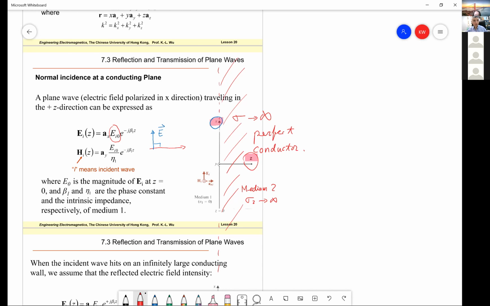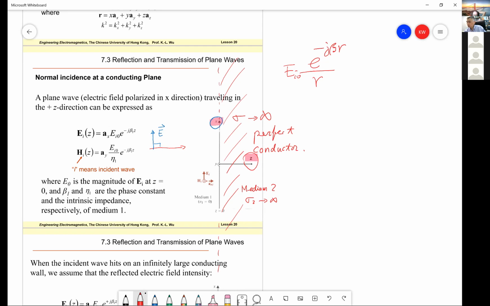Many people, when you describe a plane wave in this way, do you have any questions about this? You see, when we derived our plane wave, we said that in the far field, the field is inversely proportional to r, even though you have a magnitude.